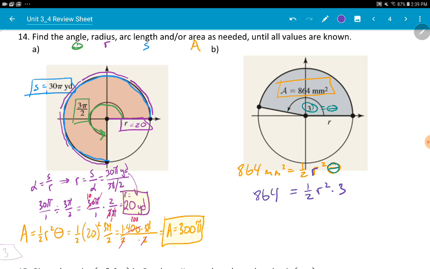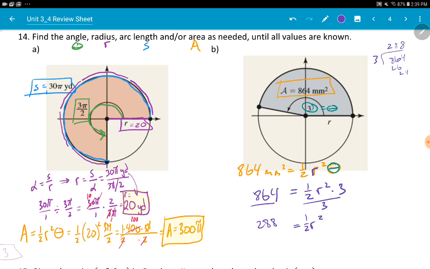I'm going to go with dividing by a 3 first because I like making numbers smaller rather than bigger. 864 is divisible by 3 because if I add those digits together, it's 18, which is divisible by 3. I get 288.